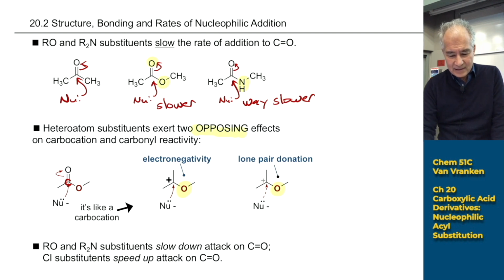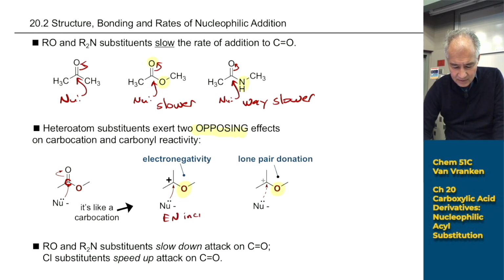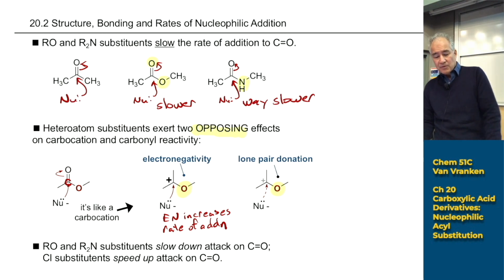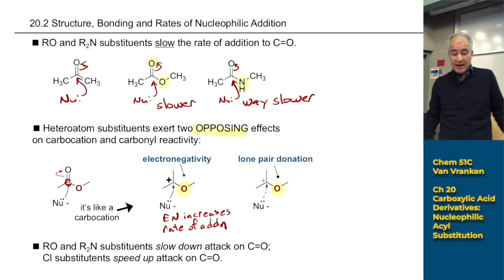That carbocation is less happy because of that neighboring electronegative group. So let me write: electronegativity increases the reactivity and the rate of addition of nucleophiles. Nucleophiles add faster to carbocations when there's an electronegative atom next door.